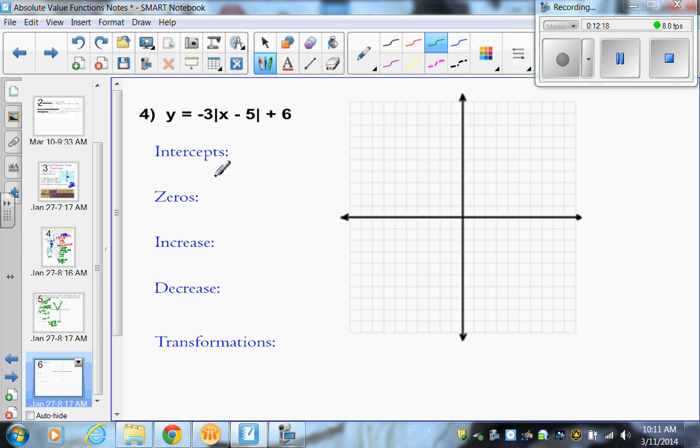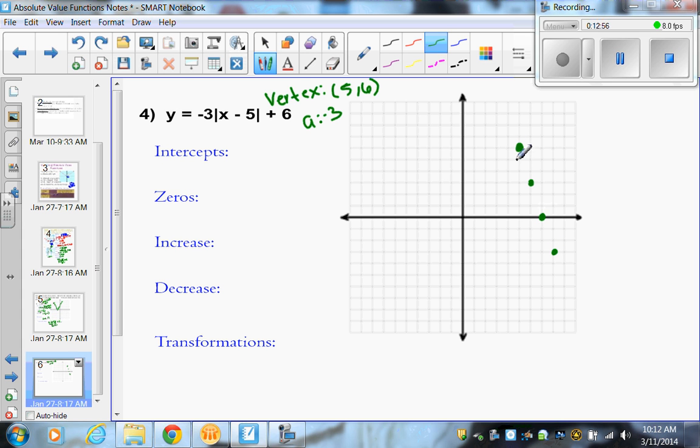One more example. So in order to graph, I need my vertex. So in this case, my vertex would be at 5, 6. And I need my slope. So in this case, the slope is -3. So I'm going to go to 5, 6. And then I'm going to go down 3 to the right 1, down 3 to the right 1, down 3 to the right 1.